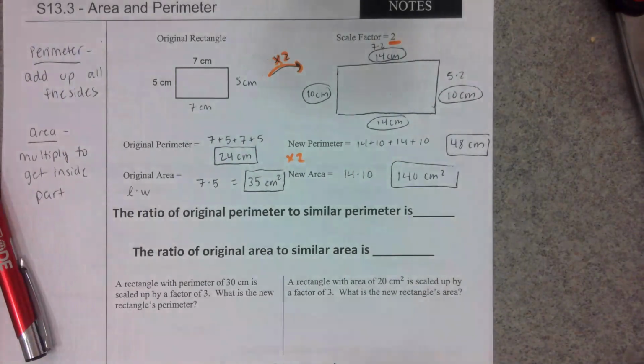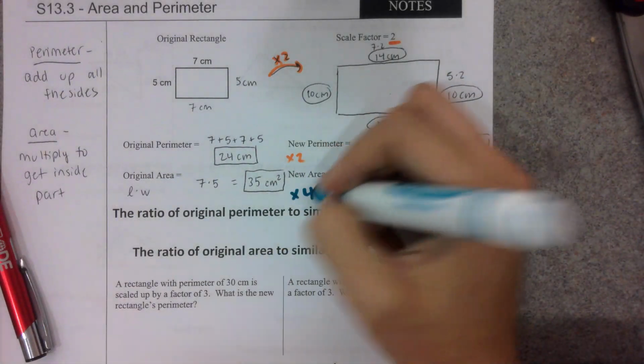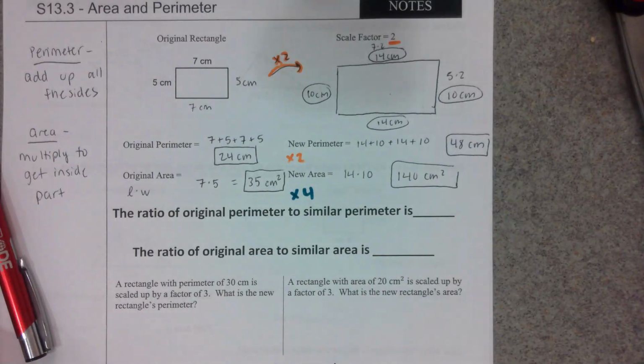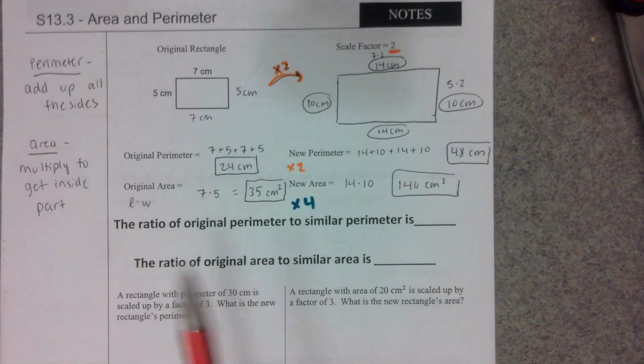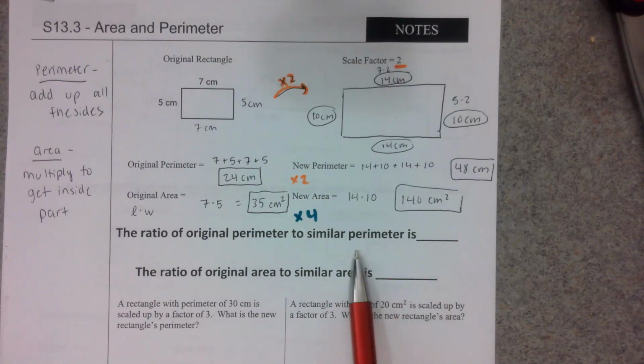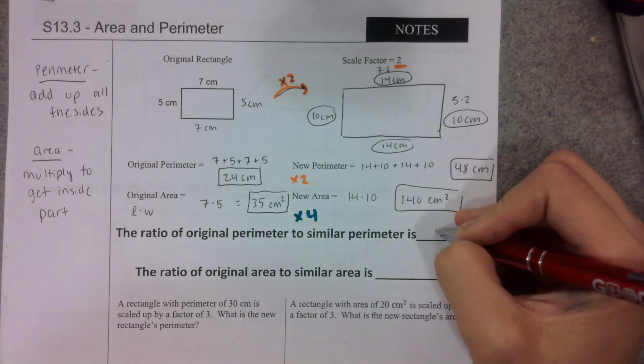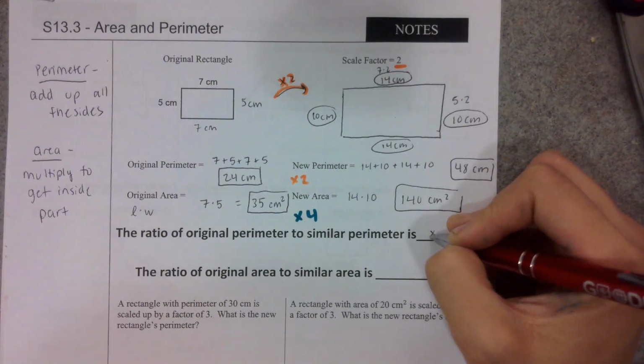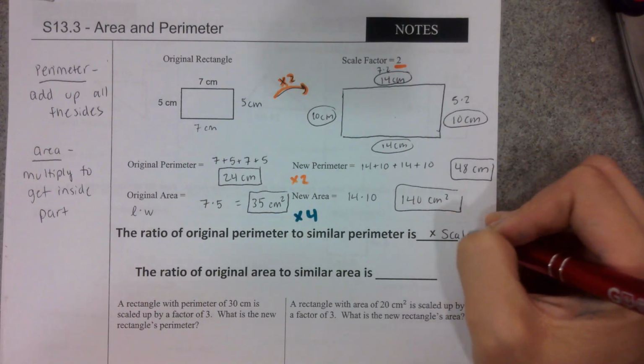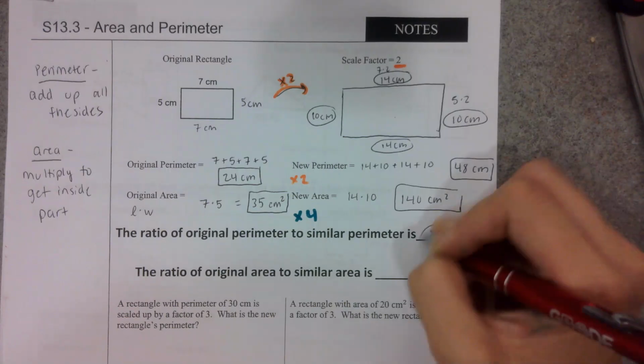So to get to our new area, we had to times it by 4. So when we're going from original perimeter to the new perimeter, we multiply it by the scale factor.